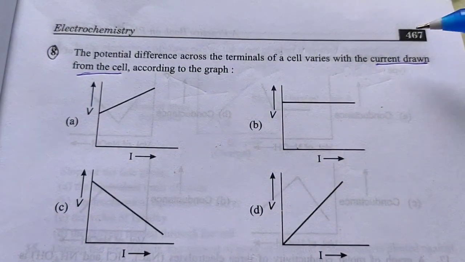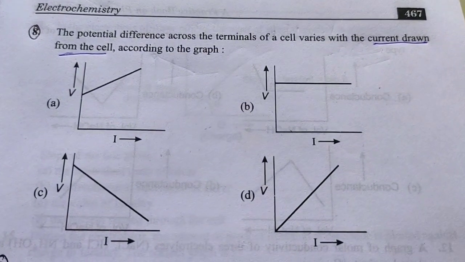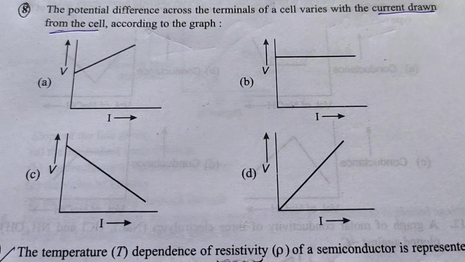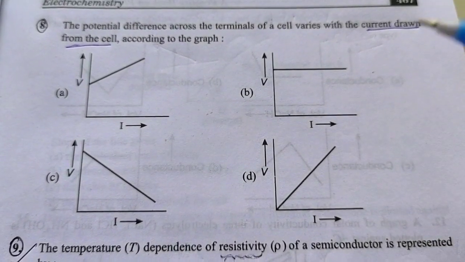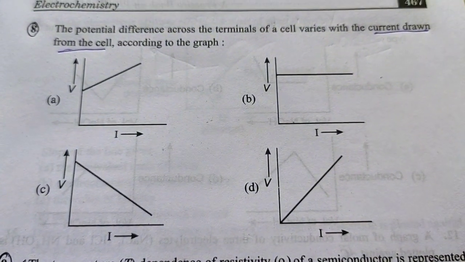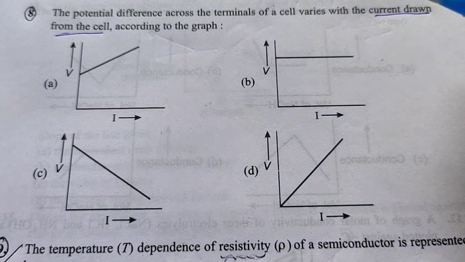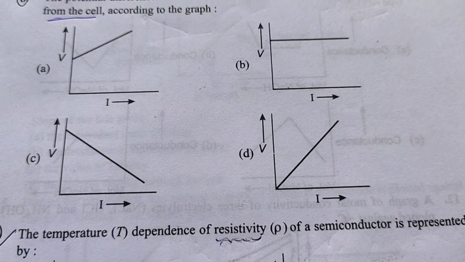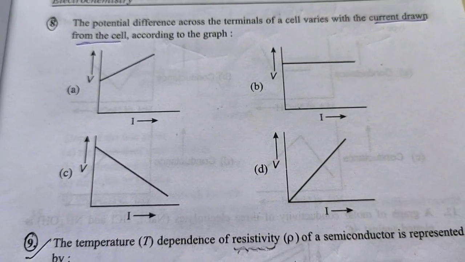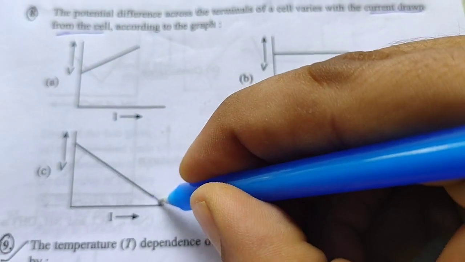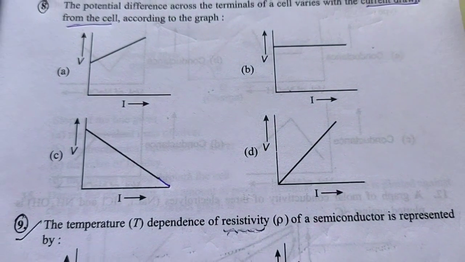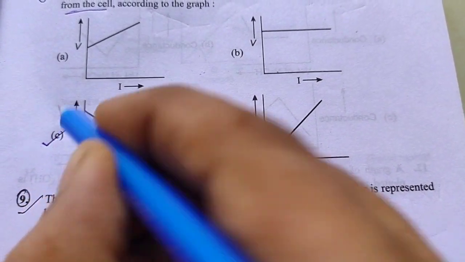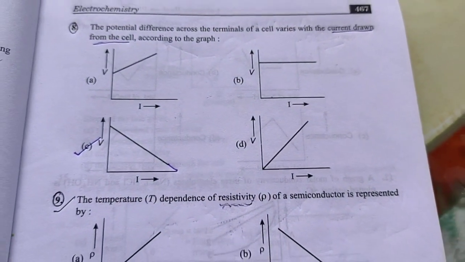As the current drawn from the cell increases, the potential difference decreases linearly, finally reaching 0. So here C is the correct representation.